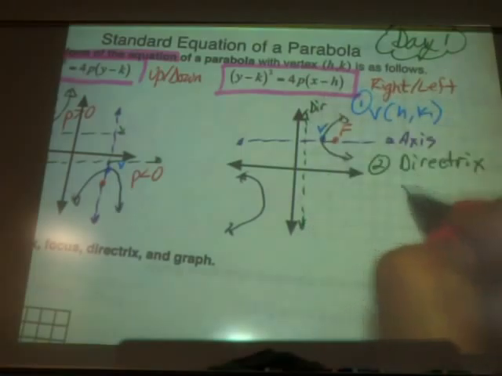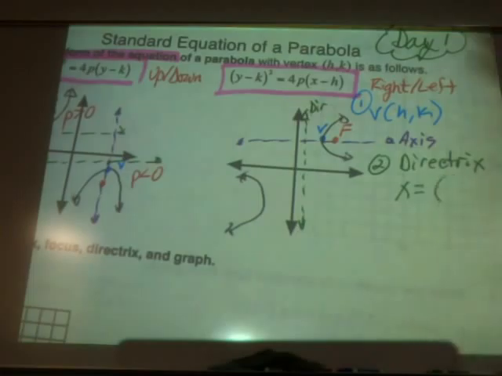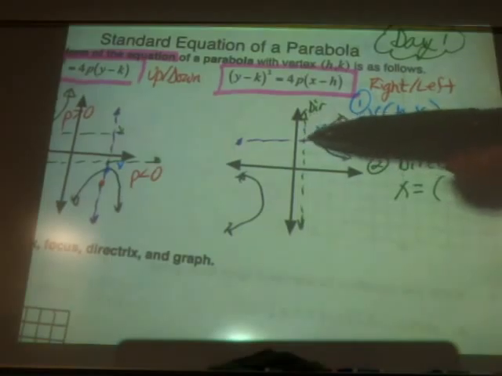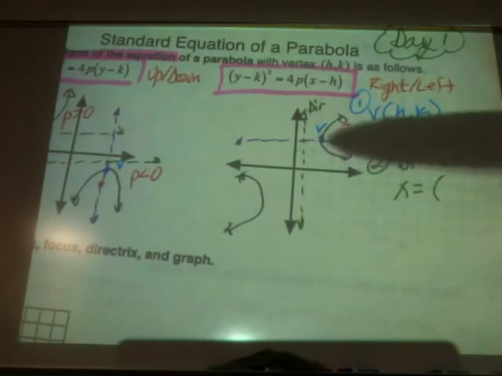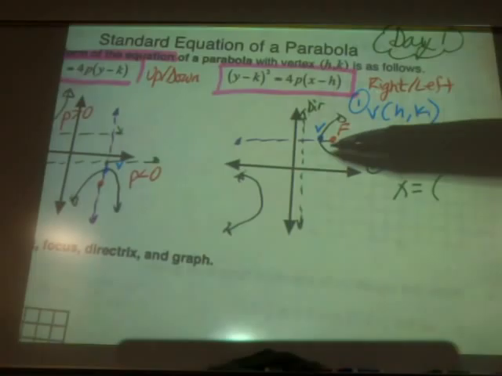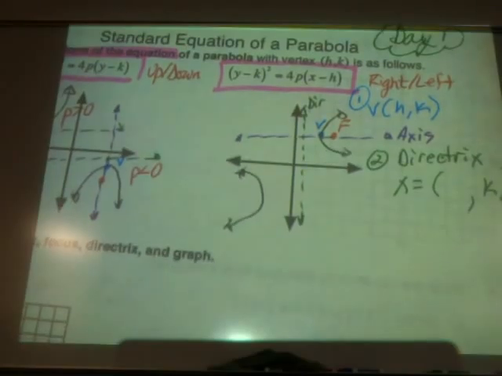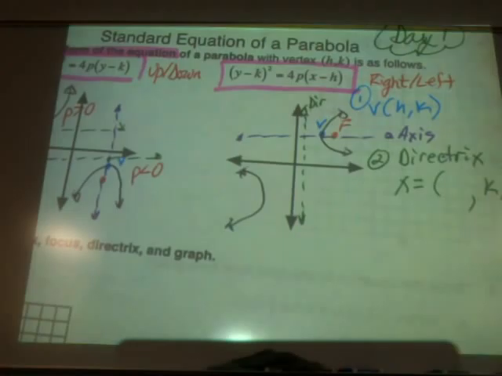So isn't it x equals? And think about it. If this is a vertex, the directrix, the vertex, and the focus, they all have the same what value? Y value, right? So I know that k, which is my y value, is going to remain the same. Oops, wait, this one's not an ordered pair, is it? I don't want to write it that way.